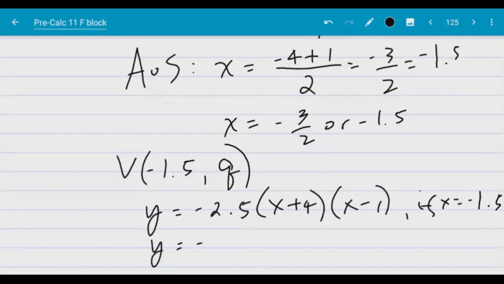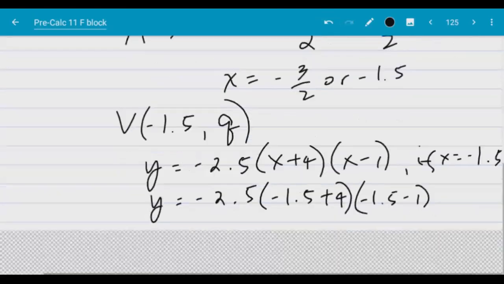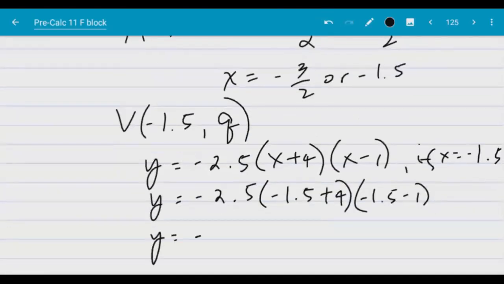So y is equal to negative 2.5. The x is replaced by negative 1.5 plus 4. The x is replaced by negative 1.5 minus 1. Let's simplify. Y equals negative 2.5 times, this one will be 2.5.